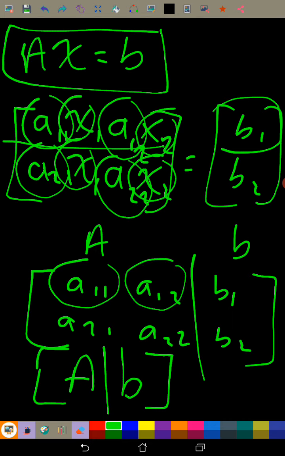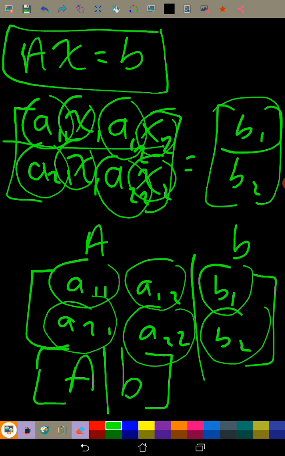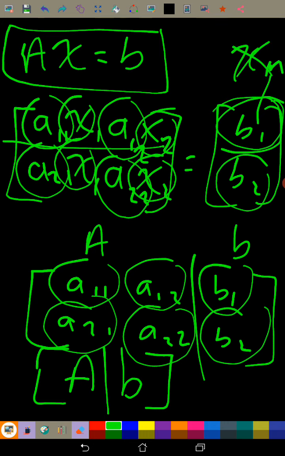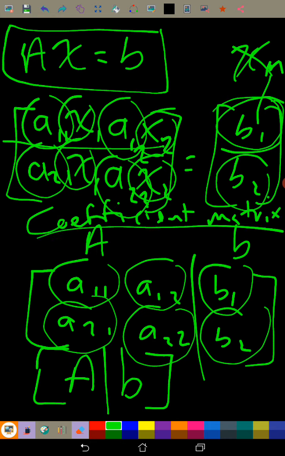You have the coefficients here and you put the figures here. There is no x1, x2, or xn here. So this is how you write a coefficient matrix. Coefficient matrix was the title of this notion.